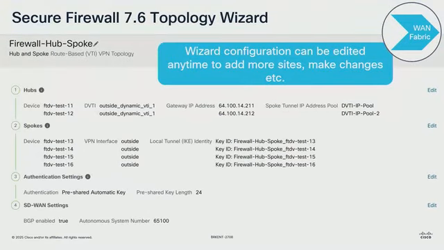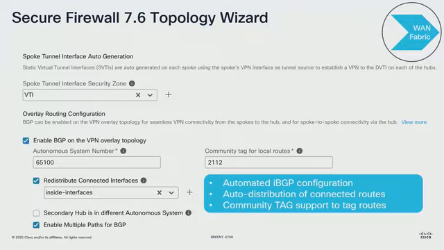So here's what that topology wizard looks like. It's super simple. In this case, I added 2 hubs and 4 spokes. I picked a pre-shared key, and I picked what I want that autonomous system number to be. Then scrolling down more, I said, okay, what is the security zone I want the tunnel to be?